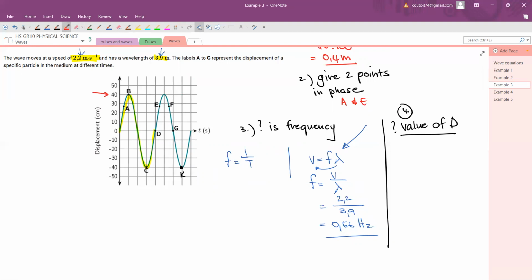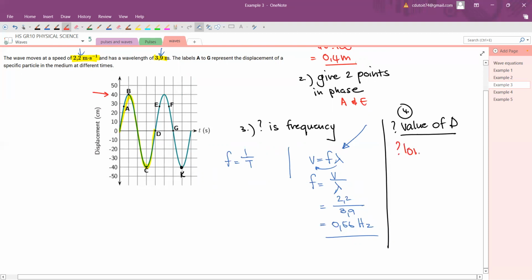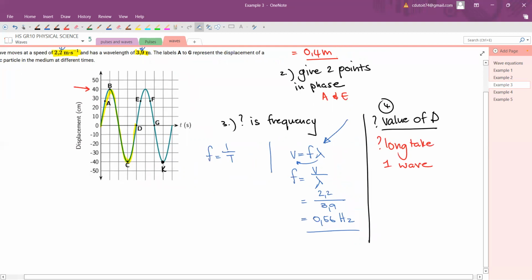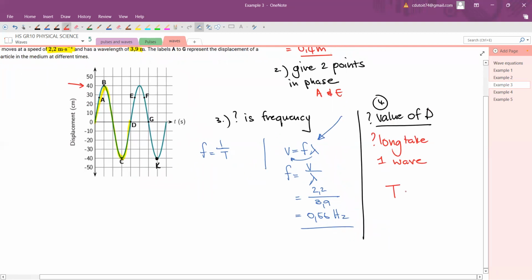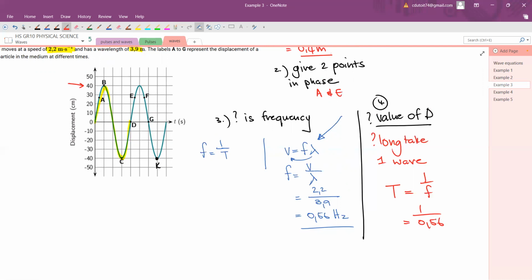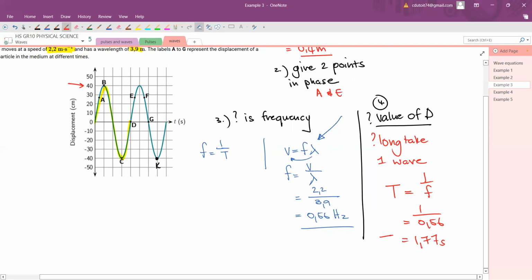So basically what I'm asking is, how long will it take for one wave to be completed? And that is big T. T is 1 over F, and that is 1 over 0.56. You see, this is 1.77 seconds.